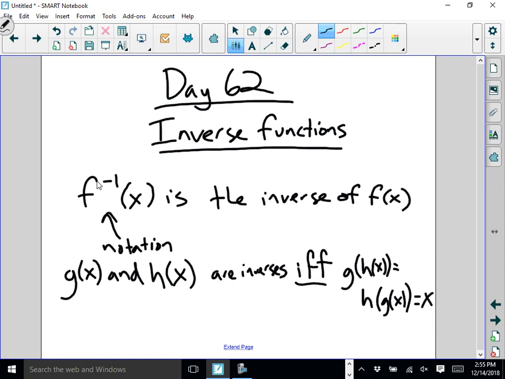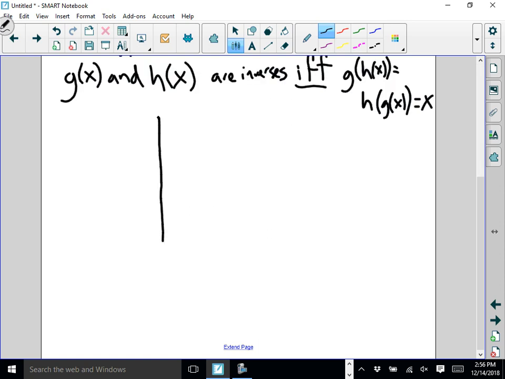So if you wanted to find the inverse of y equals x squared plus 2, you'd switch y and x, and go ahead and solve for y. Well, that concept creates the fact that inverses are always reflections about the line y equals x. So let's take a look at a graph here real quick. Here is the line y equals x.